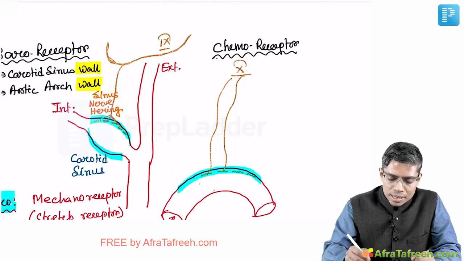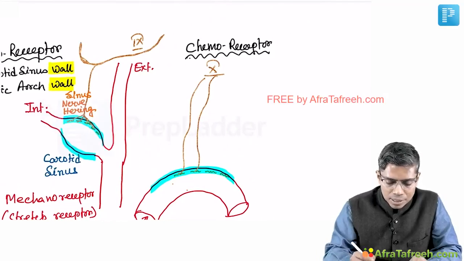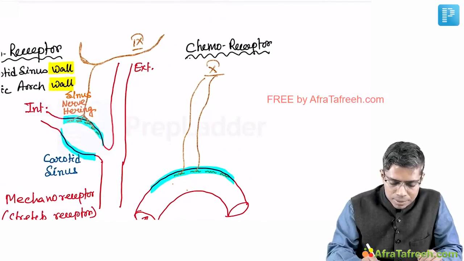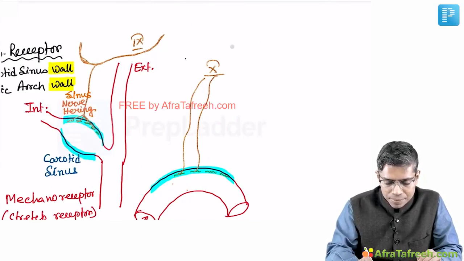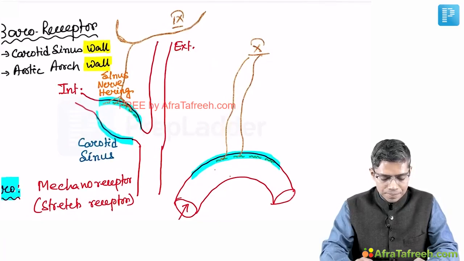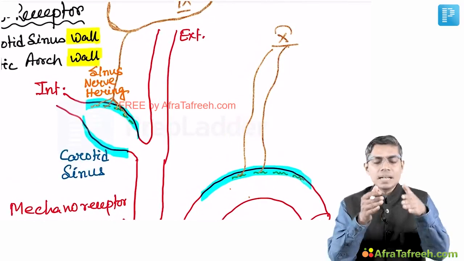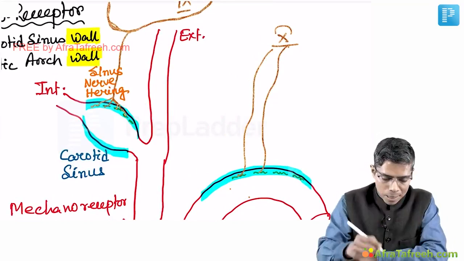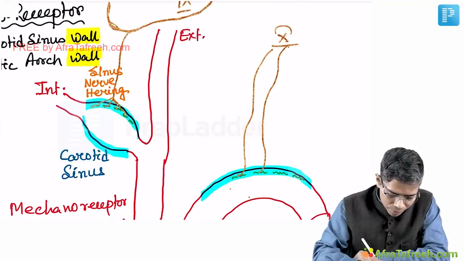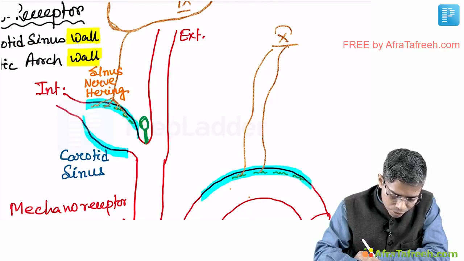Now if I look at the chemoreceptors, where are they located? First of all, I should write chemoreceptor here. So look at the location. At the area where the internal and external carotid artery divide, look at the diagram, there is a small tissue.